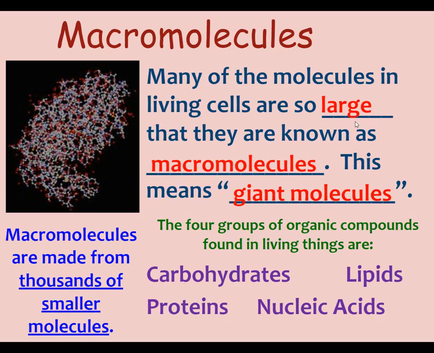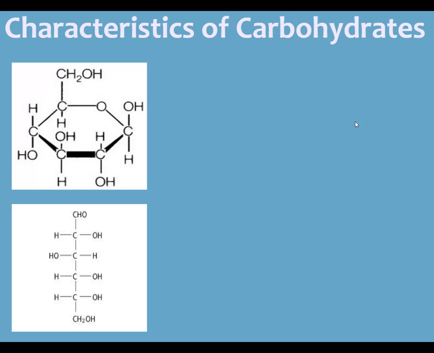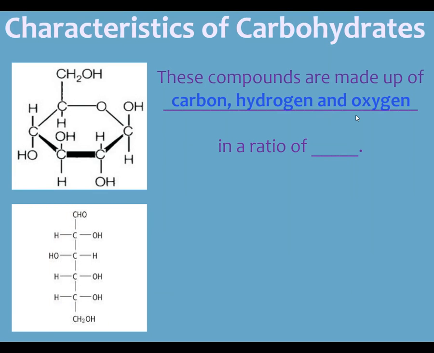Characteristics of carbohydrates. These compounds are made up of carbon, hydrogen, and oxygen. That's where you get the name carbohydrate from. And they're in a ratio of 1 to 2 to 1, meaning 1 carbon, 2 hydrogen, 1 oxygen.